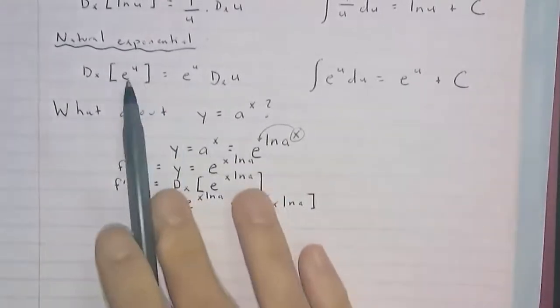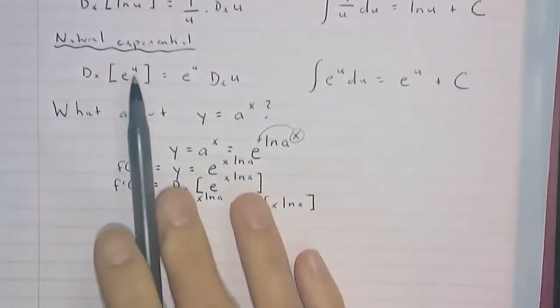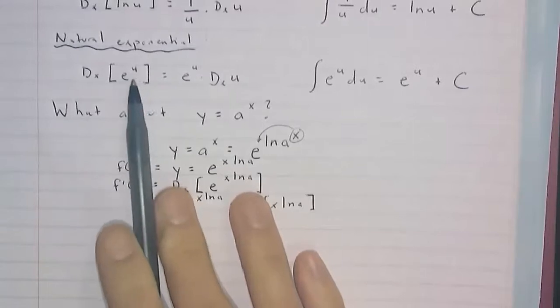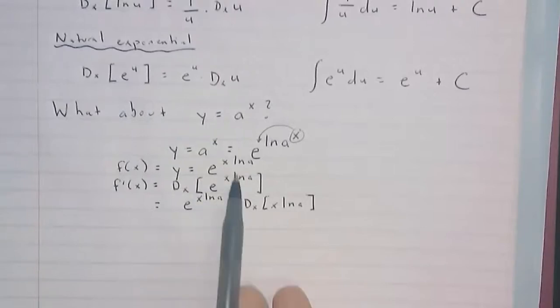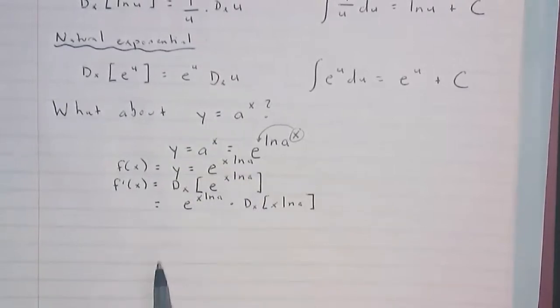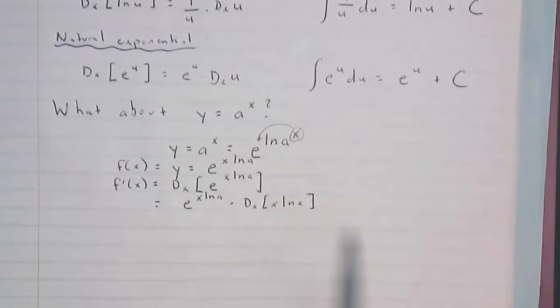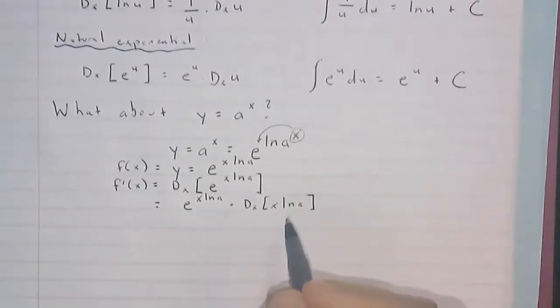All I'm doing is applying our pre-existing rule for differentiating the natural exponential function. It's itself times the derivative of whatever its exponent is. Let's consider what the derivative of x times the ln of a needs to be.